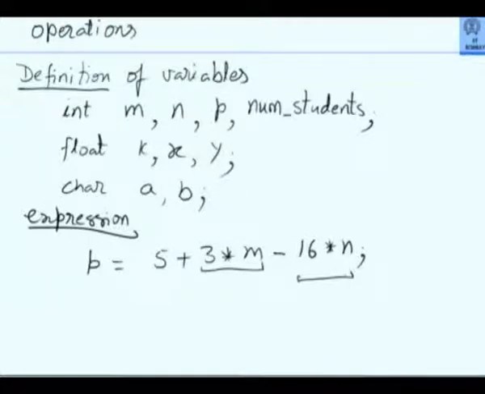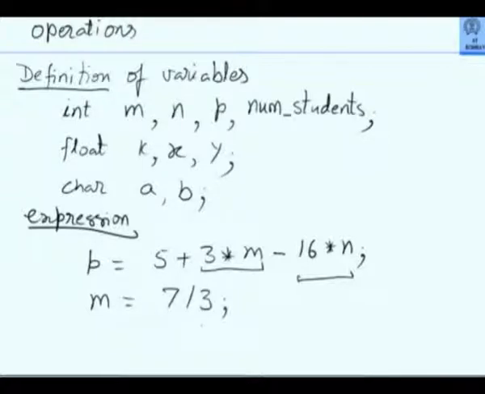What is important to note is that in the expression, when the variables are of the same type, then the result is also of the same type. For example, if I were to say m is equal to 7 by 3, what is the value of m?